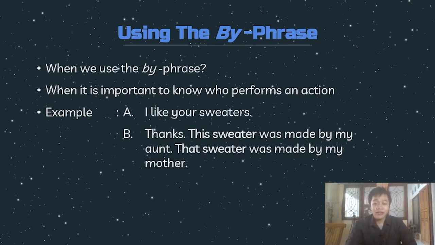A: I like your sweater. B: Thanks. This sweater was made by my mother. In this example, the speaker wanted to focus attention on the subject, in this case the sweater, and the by phrase is used to add important information.